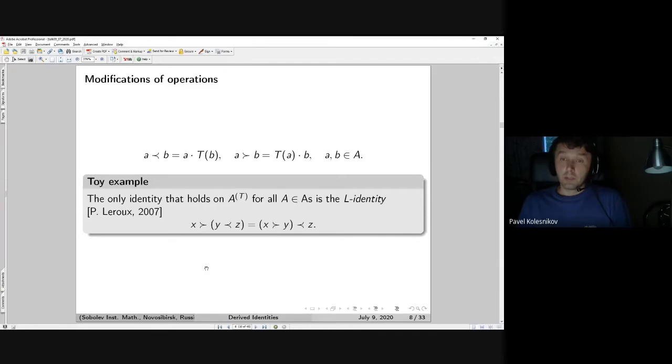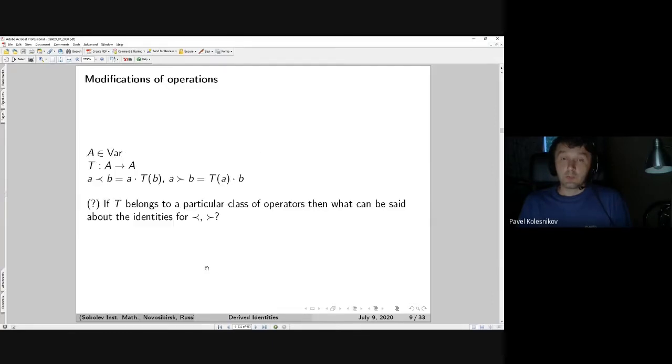But a little bit more interesting problem: what if we fix a variety of algebras with binary operations? Here I consider only one binary operation, but we may consider several binary operations as well. There will be a double family of operations on A_T.